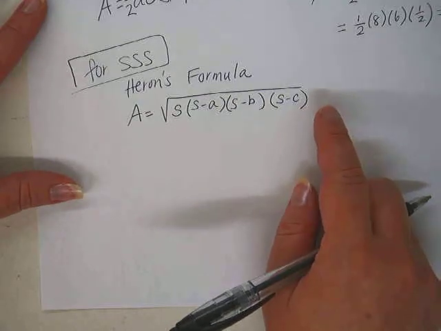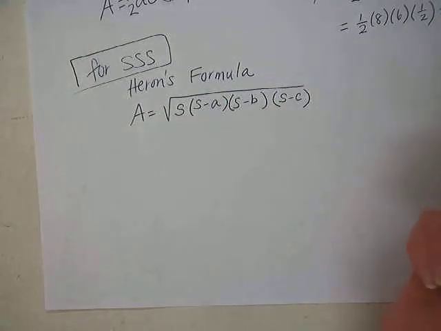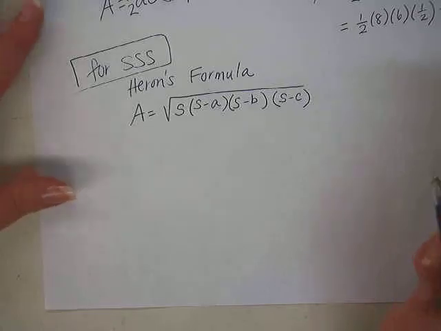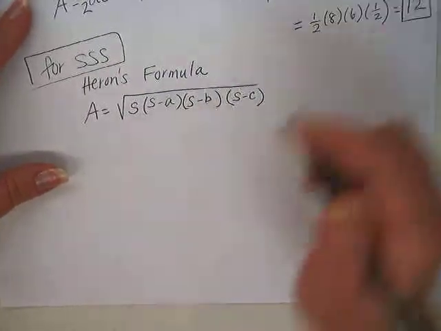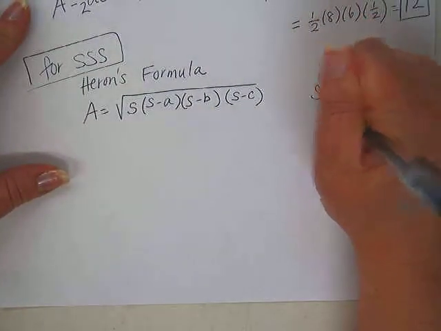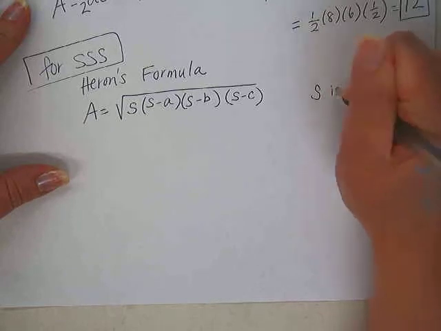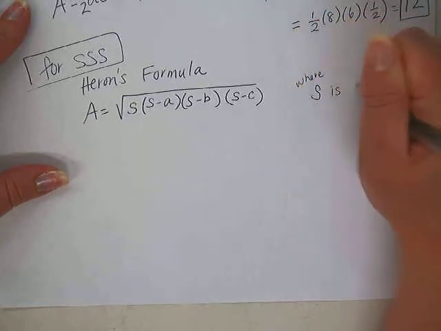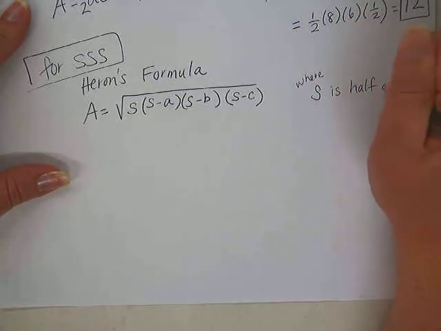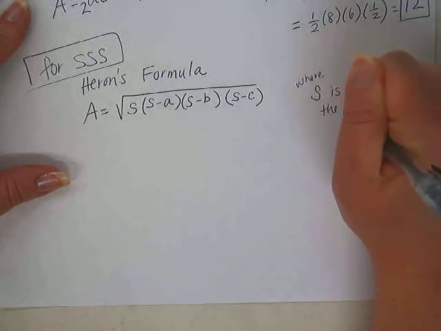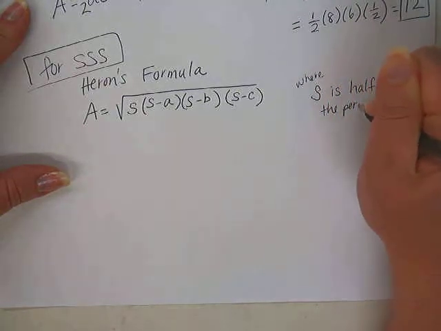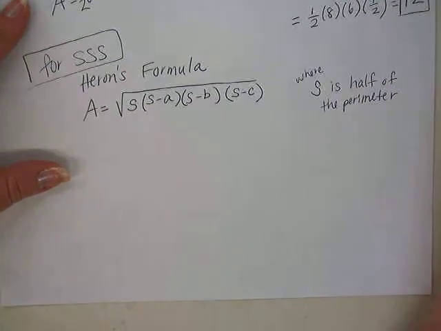Okay. So here's Heron's formula. We know what A, B, and C are, right? What are A, B, and C? The sides. What is S? What is this weird S we speak of? Okay. S is a weird thing.